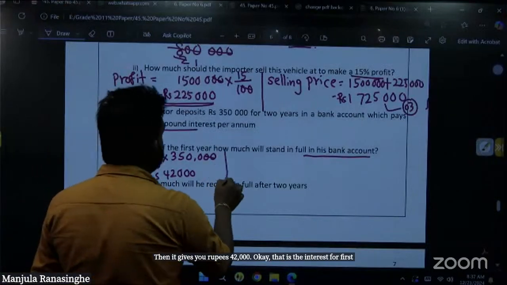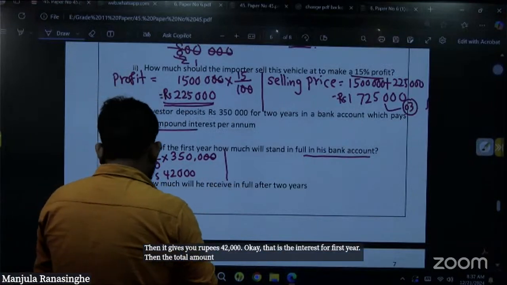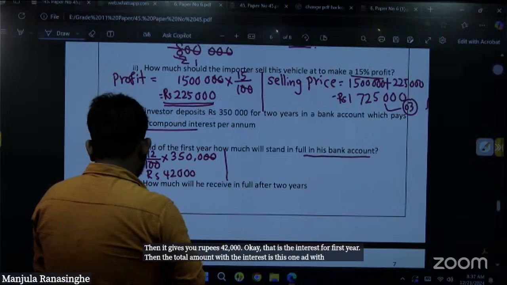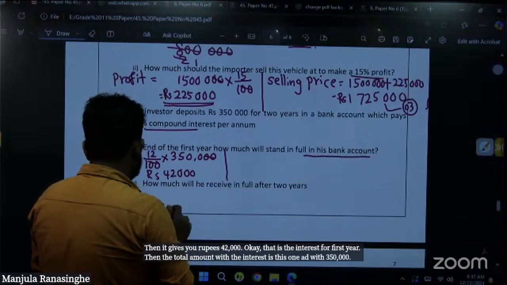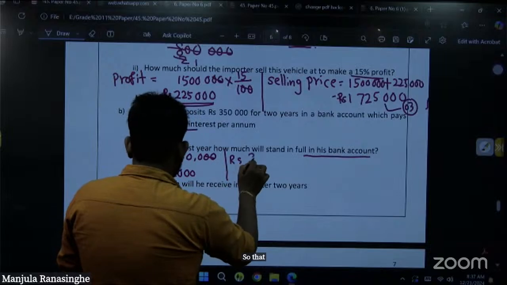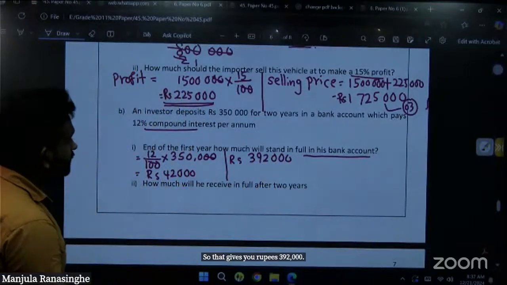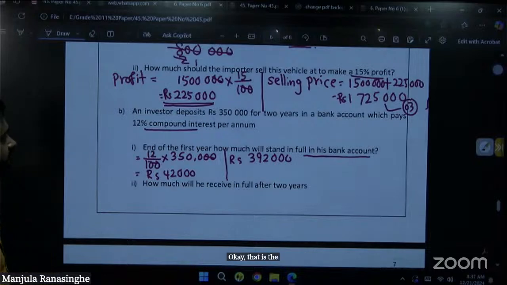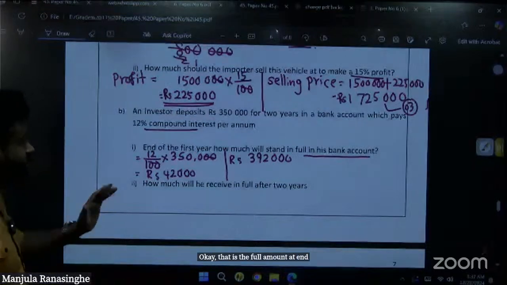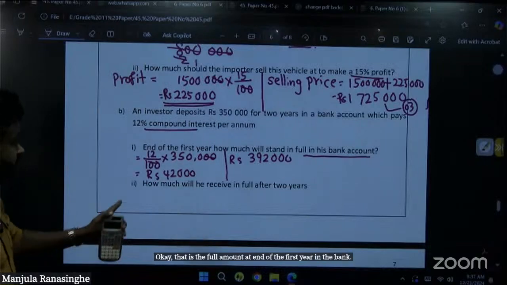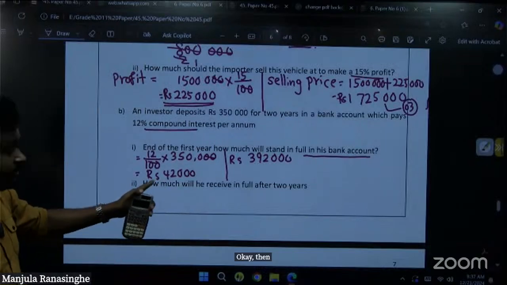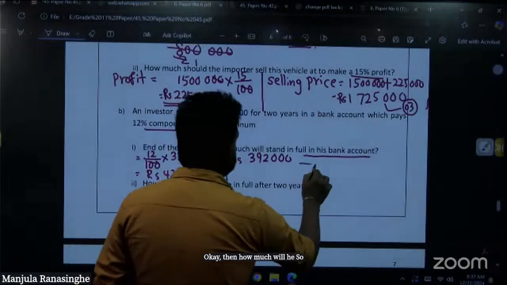Then the total amount with the interest is this one added with 350,000. So that gives you rupees 392,000. Okay, that is the full amount at the end of the first year in the bank. So for that you have 2 marks.